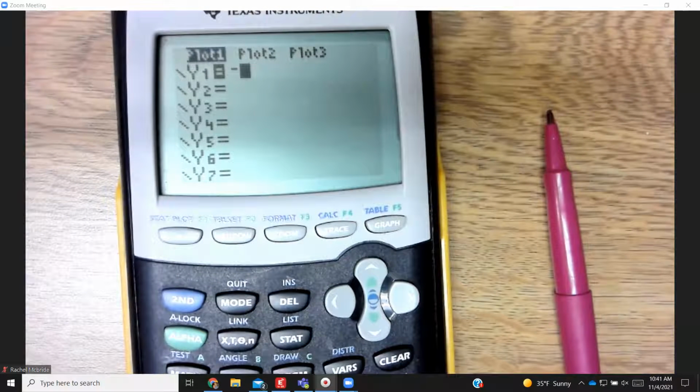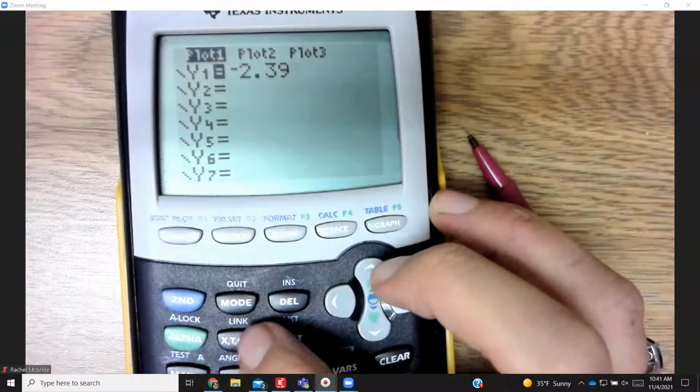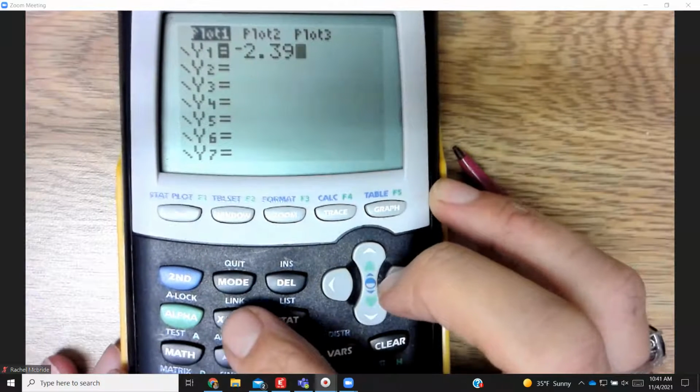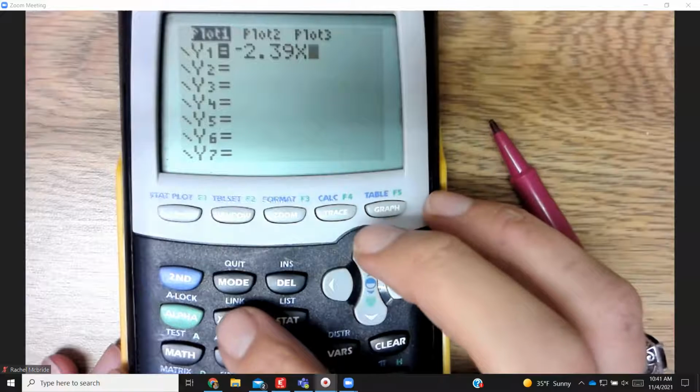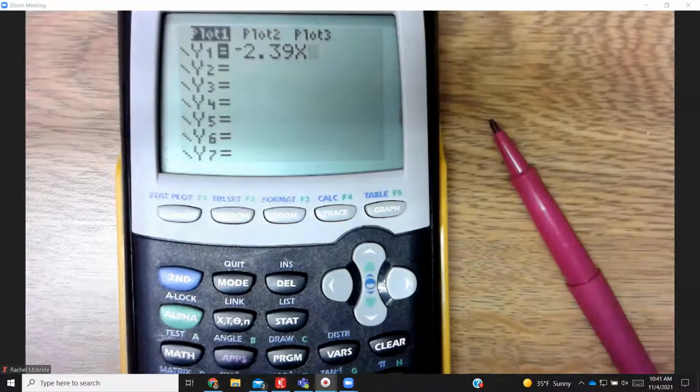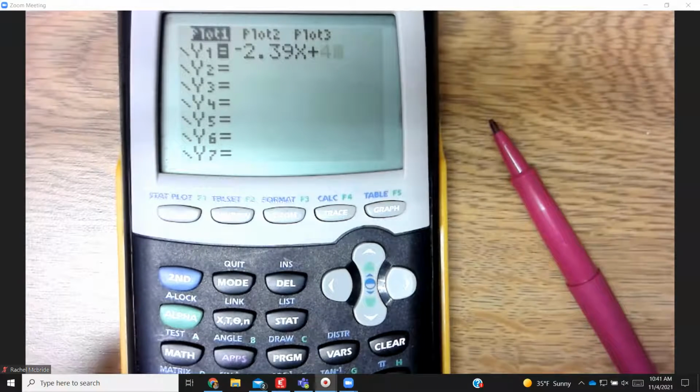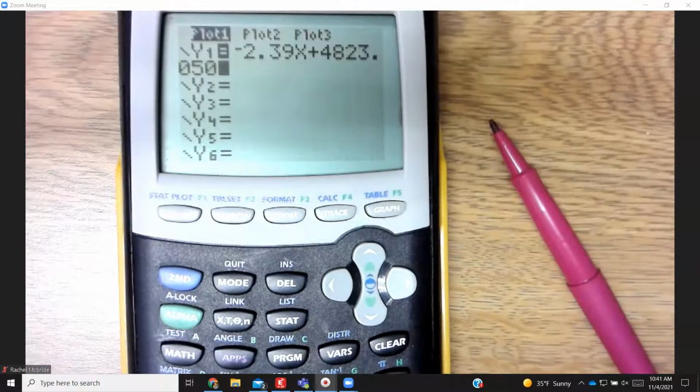So it'd be negative 2.39. And if you look up, the x is the key right here under mode. Just hit that key right there. Plus 4823.050.